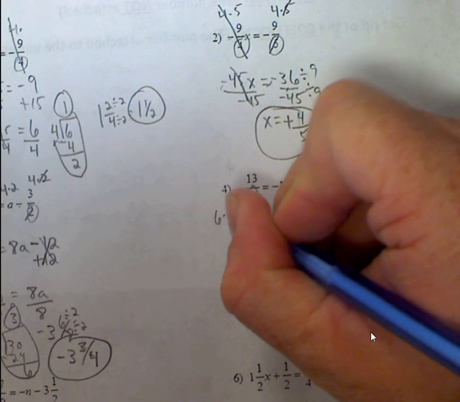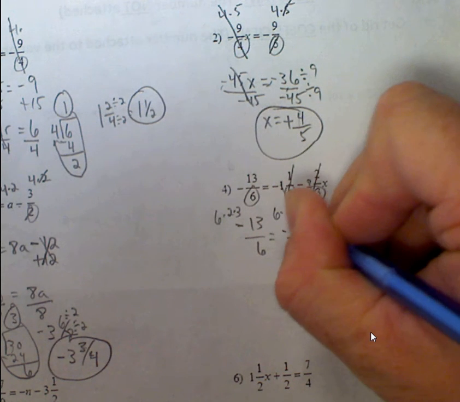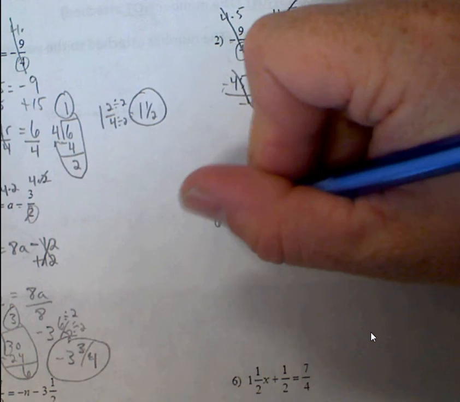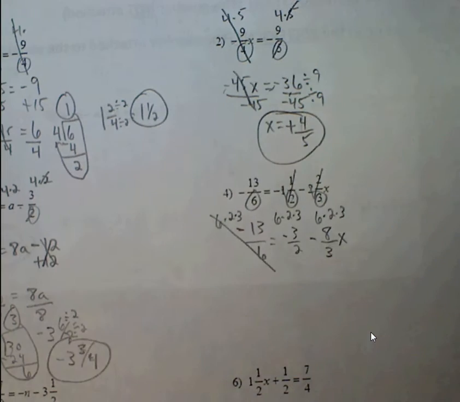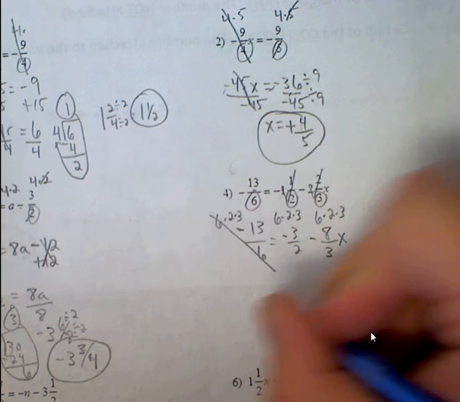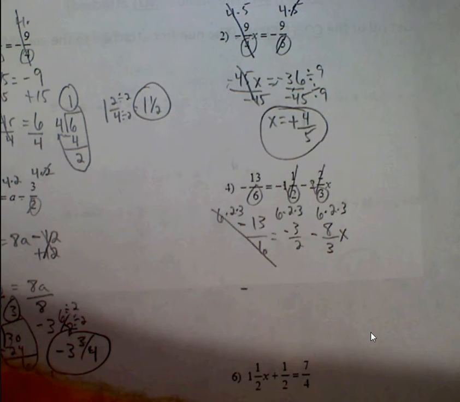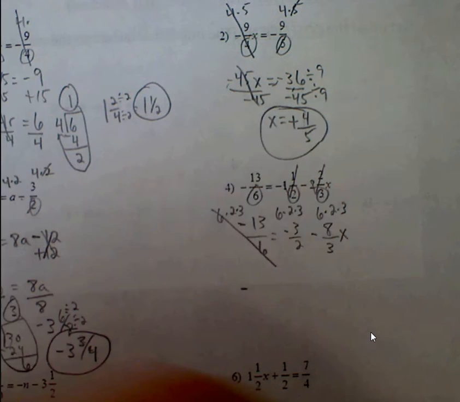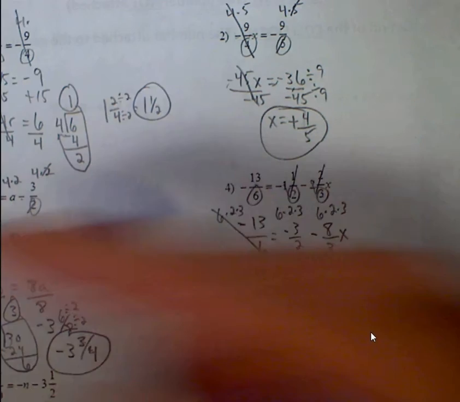6, 2, 3. 6 times 2 times 3. The 6's will cancel. 2 times 3 is 6. 6 times negative 13. 6 times 13 gives me 78.